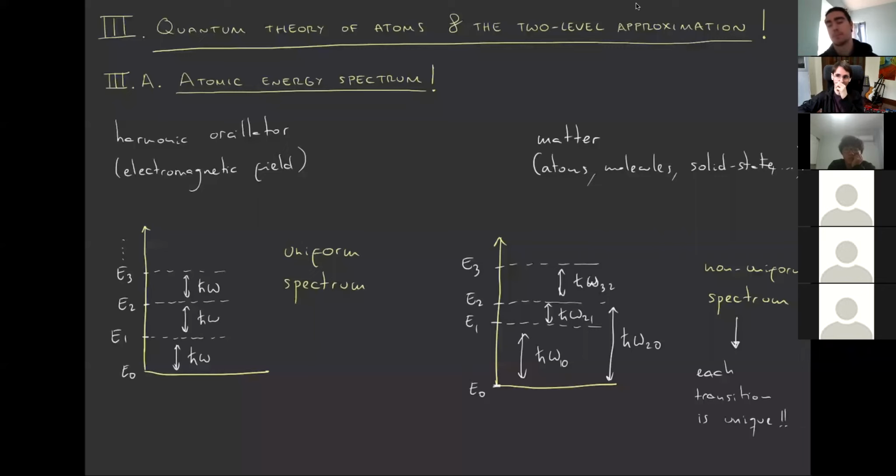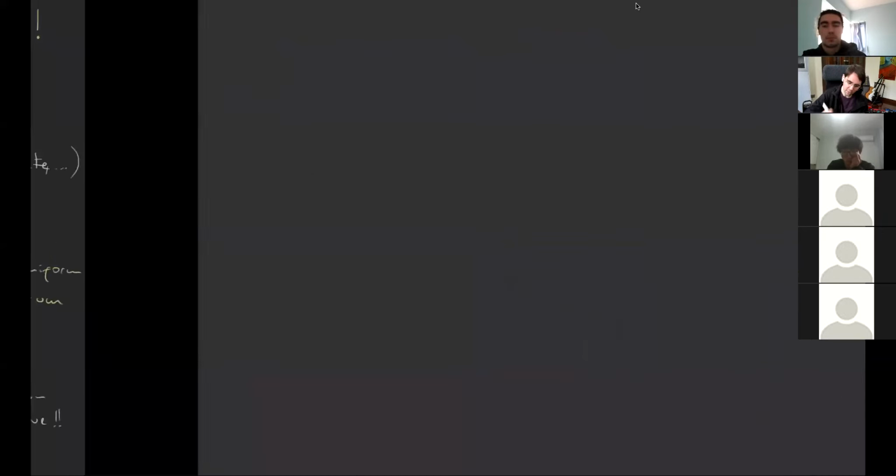So in the next 10 minutes, let me tell you the very basics of the hydrogen atom. In the next lecture, we will start from there and go beyond the simple hydrogen atom.